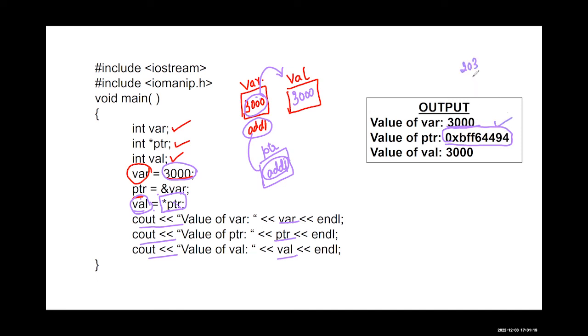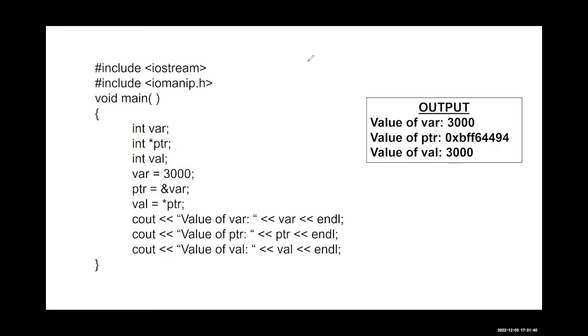Just to give an example, we use simpler numbers, but this is how addresses are represented. Now the value of val is the content of that particular address, which is again 3000. I hope this particular program is clear.